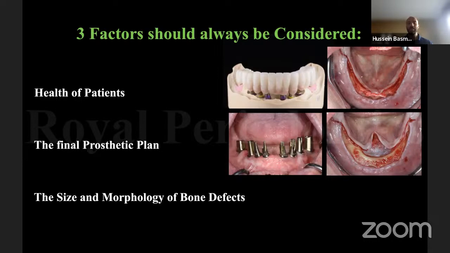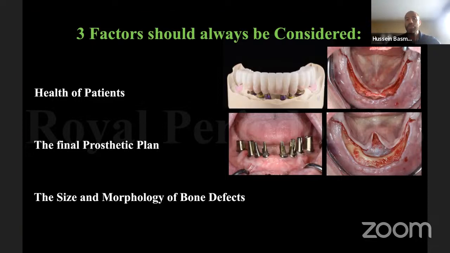The final prosthetic plans matter too, because there are some cases where we have to augment bone, and some cases where we have to remove bone, like in all-on-X cases, especially with an FP3 prosthesis, meaning that if you don't have enough space... and we already talked about that before. The size and the morphology of the defect is also a very important selection.